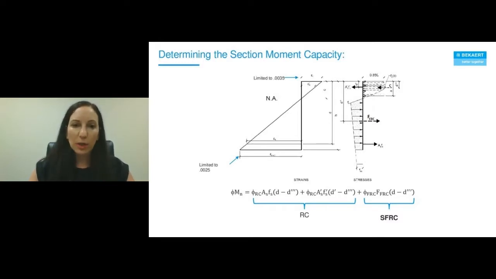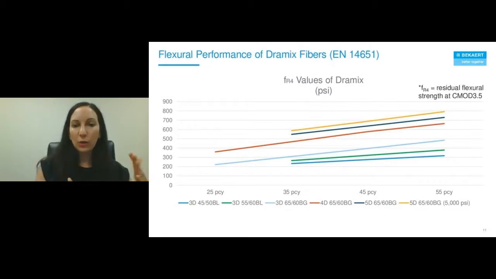And that trapezoidal shape here is directly related to the testing values that we just saw in the previous two slides. The reason I'm going through all of this is because I think it's really important that we understand where these values are coming from, and also to understand the nature of how the dosage, the fiber, the concrete mix, and all of those performance characteristics that I mentioned, how they all play together.